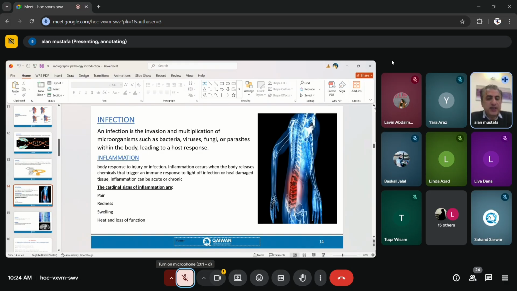So these five are the signs of inflammation, so remember them, please. These signs happen during inflammation.